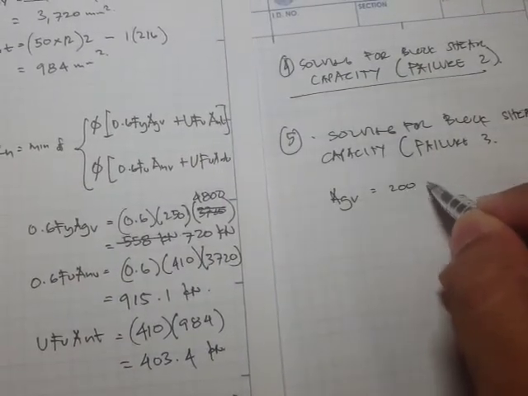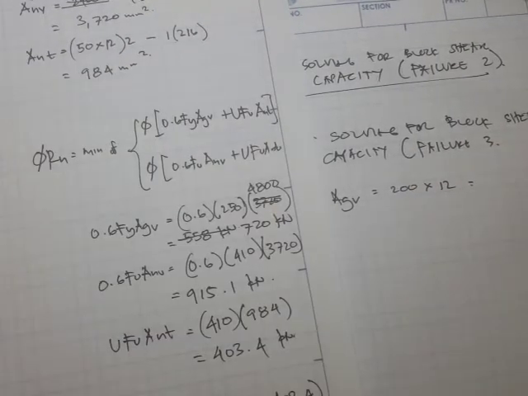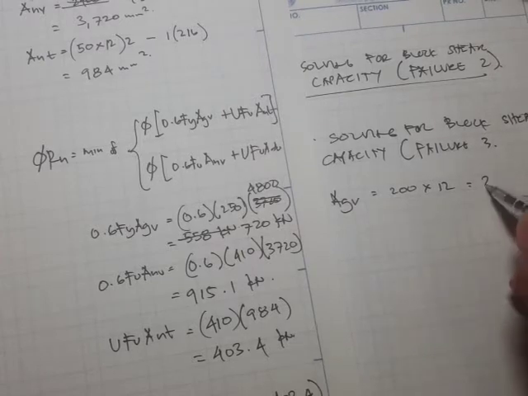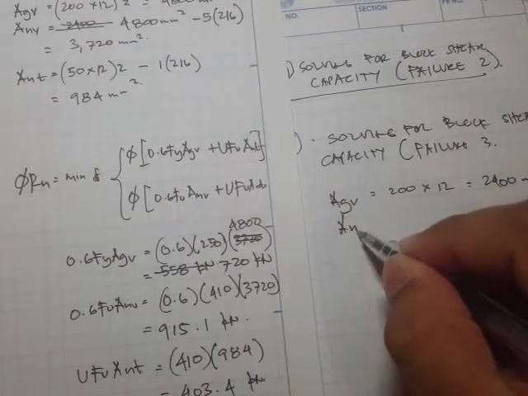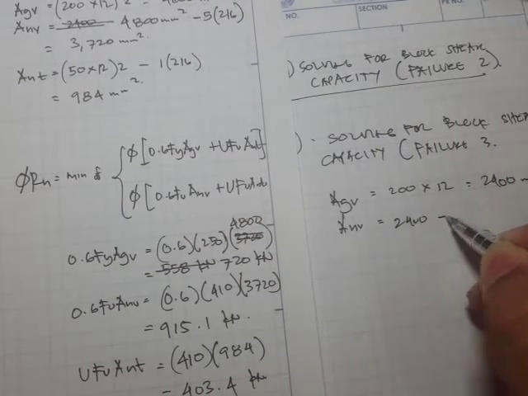Okay, so 200 times 12 is equal to 2,400 mm squared.